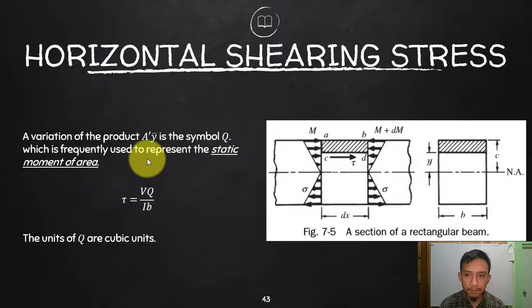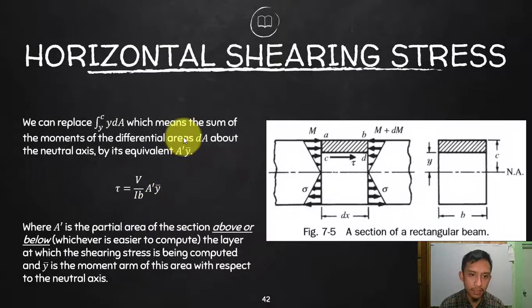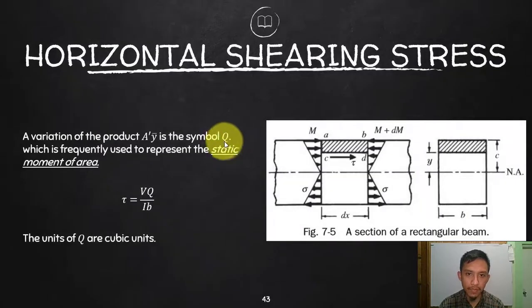A variation of the product A prime y bar is the symbol Q. In other formulas or in other books, instead of A prime y bar, they use Q, which means the static moment of area. They summate that moment and represent it as one variable, Q. So that could also be the formula.